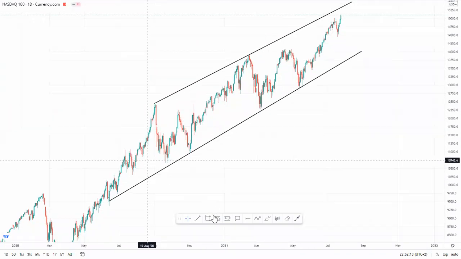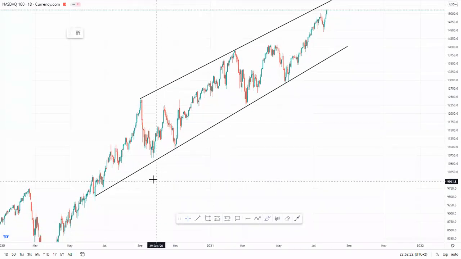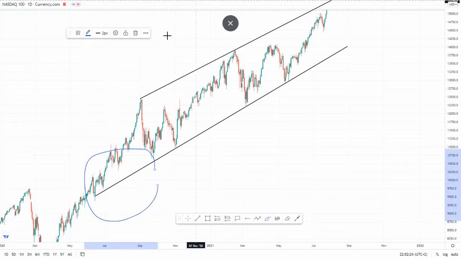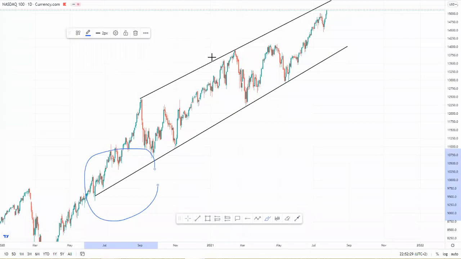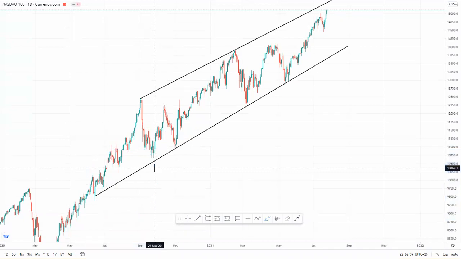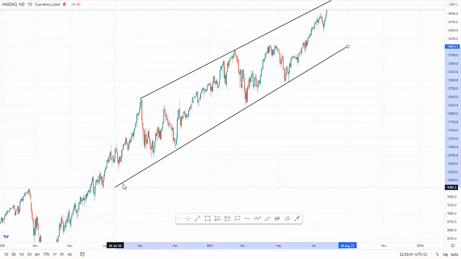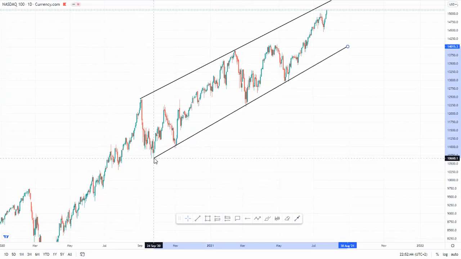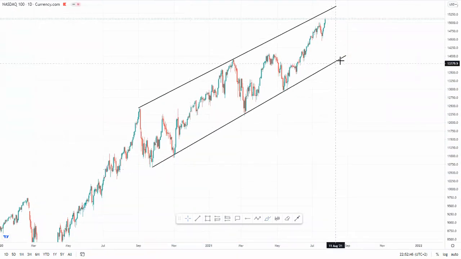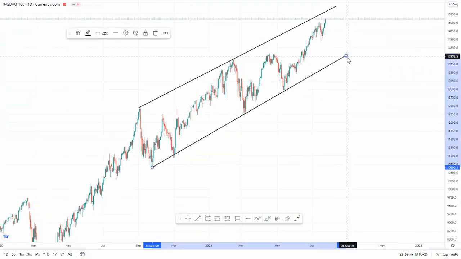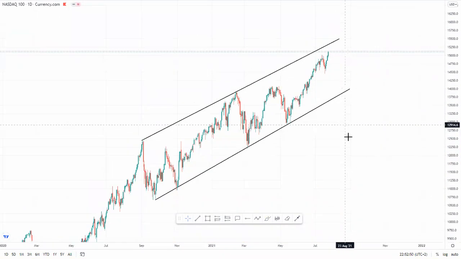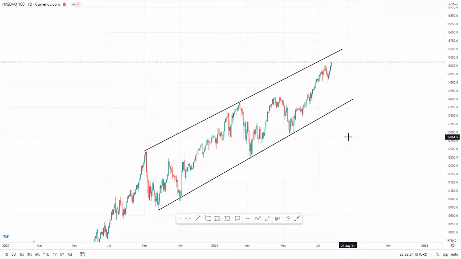I can already see that this area here is irrelevant to the current price action. So I will adjust for the relevant price action so that the price action can serve me well.